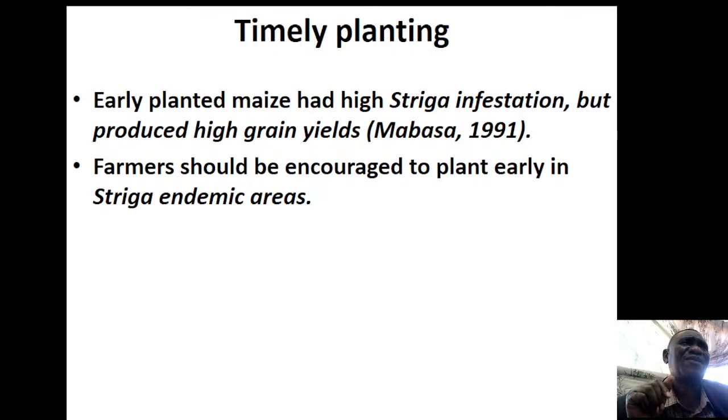So farmers should be encouraged to plant early in Striga endemic areas, but they should also be encouraged to remove the parasite whenever it emerges. At least they will have something, they will have the yield.